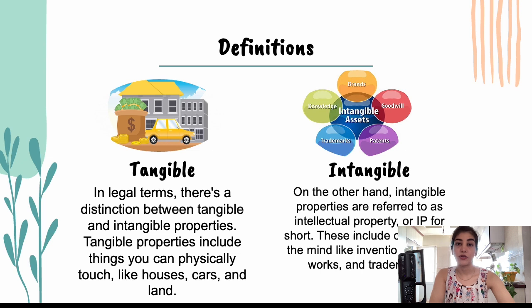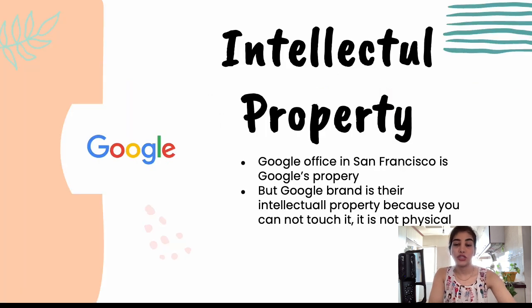Intangible properties are properties that human beings cannot touch, but they are worth money and we can sell them and earn money from them. For example, a trademark, an invention, literary works, etc. An example for more illustration is that Google, one of the most famous and highest-income companies in the world, has an office in San Francisco.